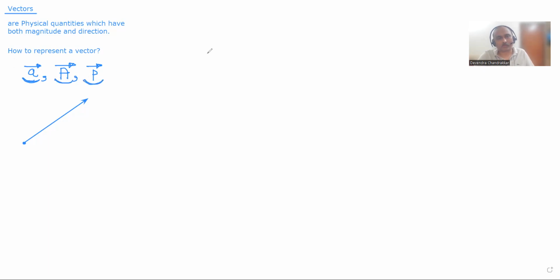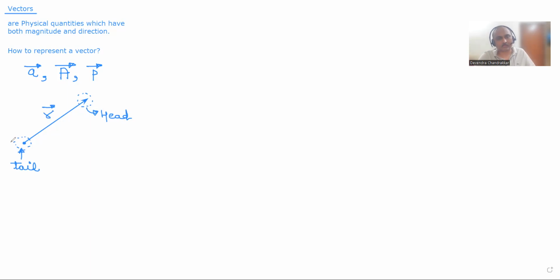And pictorially, we represent it by a straight line. This is the tail of the vector, and this is the head of the vector. Both of you understood how to represent a vector, and you simply write the length as r vector.